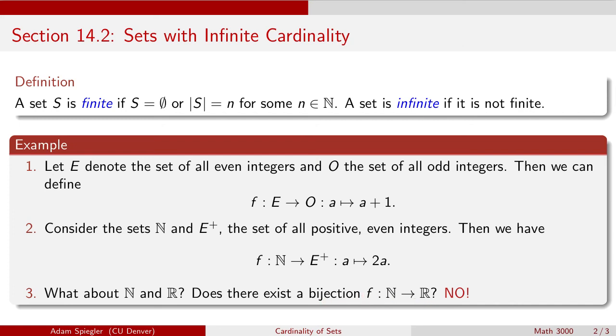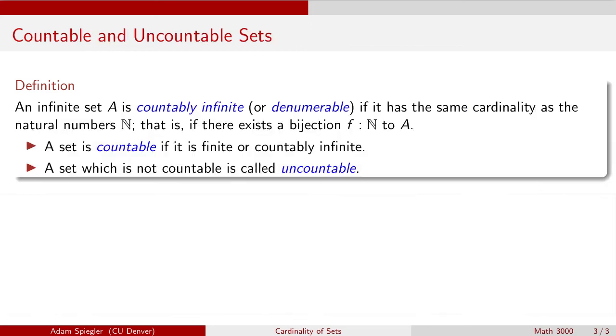And we will prove this together using contradiction. But since there is no bijection from N into R, then we would say that N and R don't have the same cardinality. So N has an infinite number of elements, R has an infinite number of elements, but it's not the same type of infinity.